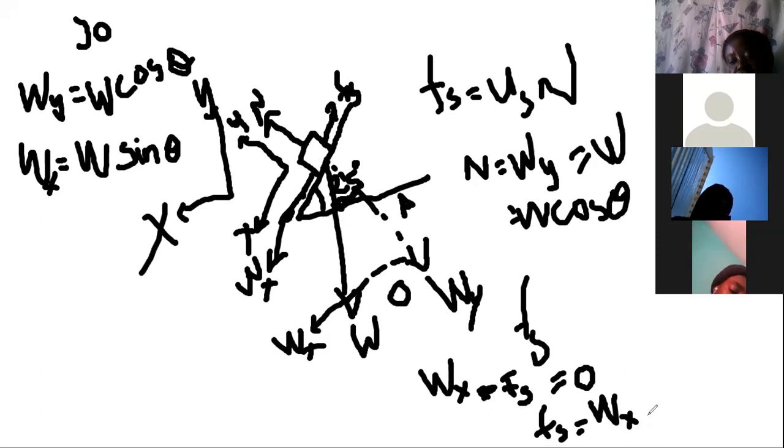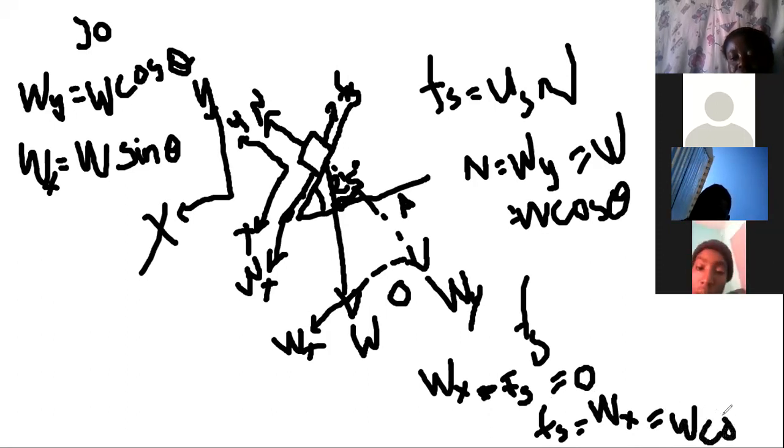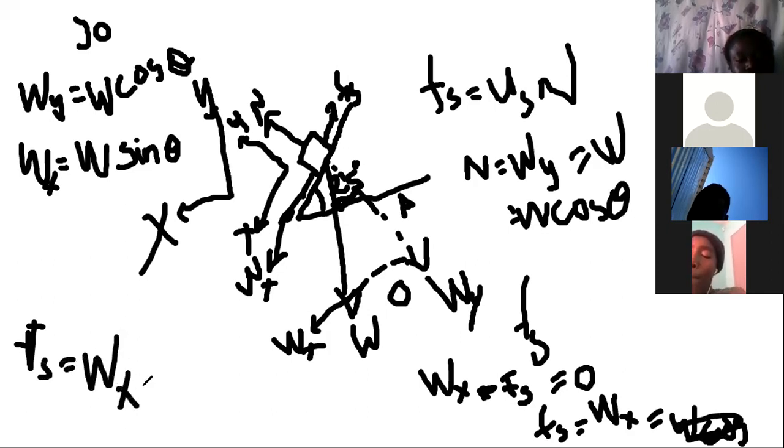So we know all these values. So your weight in x, you simply substitute what we got there, which is the weight times the sine of an angle, not cosine. So the static force is equal to the weight in x, which is equal to the weight times the sine of an angle.